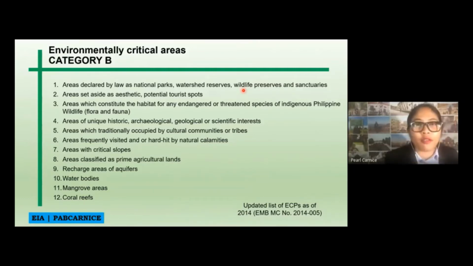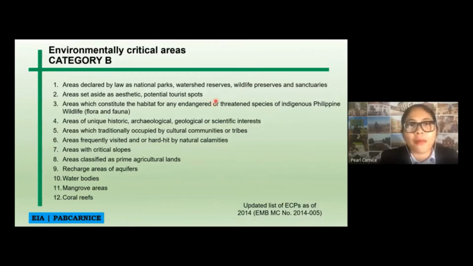As far as I know, if it's a national park or a watershed reserve, you cannot do any major projects that would affect the ecosystem in one way or another. So basically, it's like saying you cannot do any projects in those specific kinds of areas.